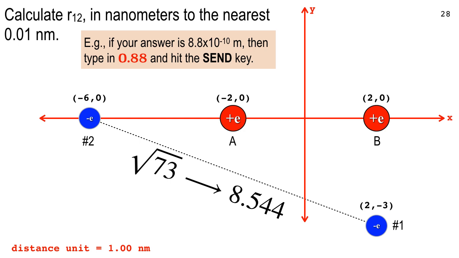You square root 10 to the minus 18 square meters, and you get 10 to the minus 9 meters. And then you say, okay, that's a nanometer. So you're still left with square root 73 times a nanometer. So it just factors out.